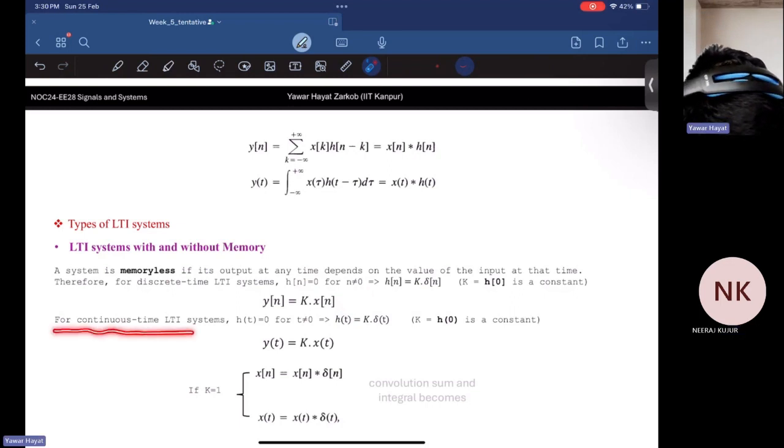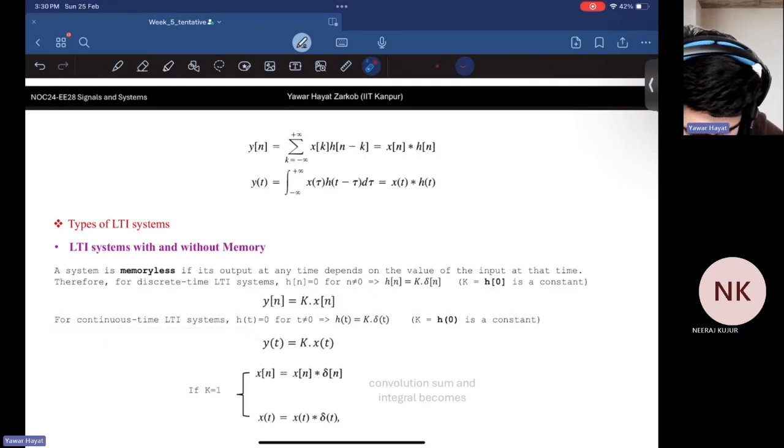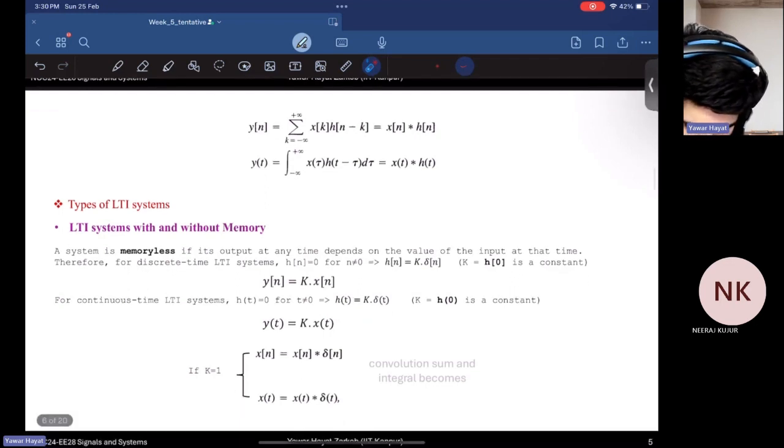So now for continuous time LTI systems, we'll do analogous versions. We said h of n is equal to 0 for the discrete time case. We'll say h of t is equal to 0 for the continuous time case for t not equal to 0. And likewise, the impulse response would be given by k times delta of t, where this k is h of 0, a constant.